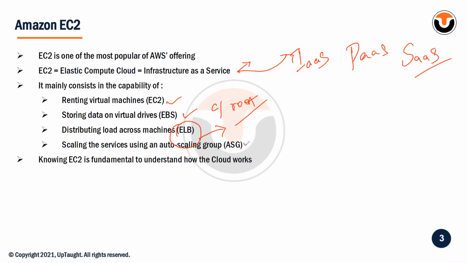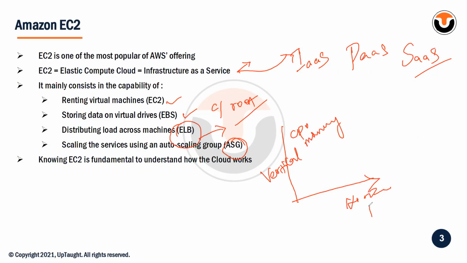Then we can also spin up something called an auto scaling group. So there were two different types of scaling. If you could remember, one is vertical scaling, another one is horizontal scaling. Vertical scaling is adding more CPU, memory, right?